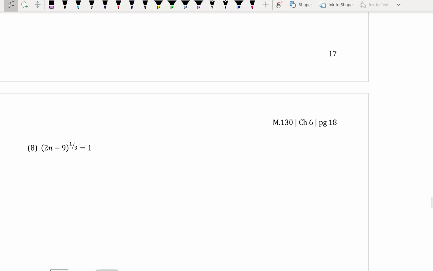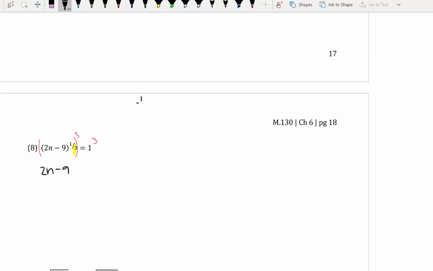Now for number 8, what's slightly different is that instead of writing it as a root, they gave it to you as a fraction power, which is fine. It just means that whatever this denominator is, that's what I'm going to multiply it by. So since the denominator here is 3, then I'm going to multiply by 3. So always multiply by whatever that denominator is. So now I'm going to have 2n minus 9.